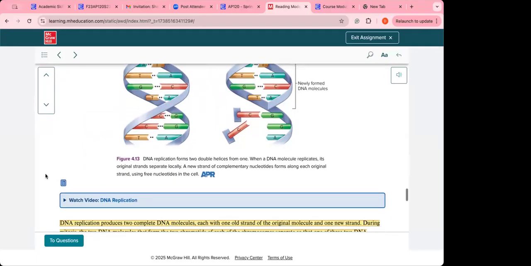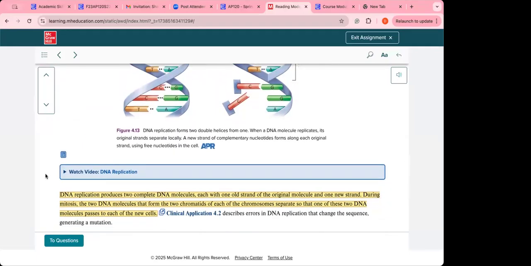Okay, that's our picture. DNA forms two double helices from one. When a DNA molecule replicates, its original strands separate locally.